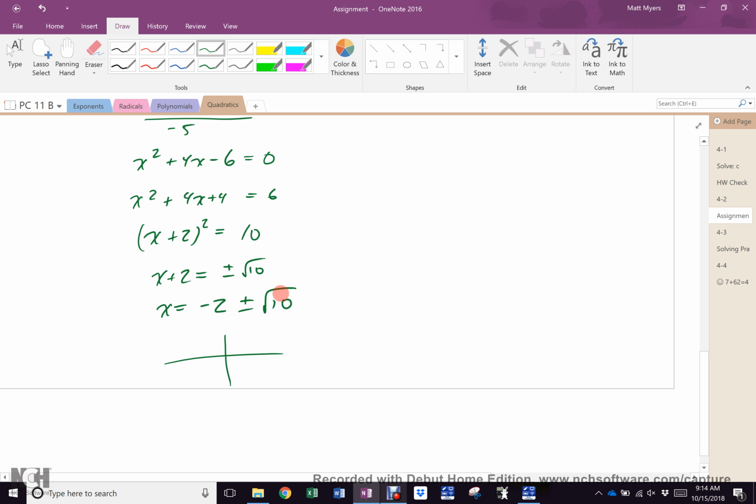So negative 2 plus a little bit more than 3 is a little bit more than 1, yeah? So my first dot will be a little bit more than 1. And negative 2 minus a little bit more than 3 would be a little bit more than negative 5. And that's where your 2 dots would be.